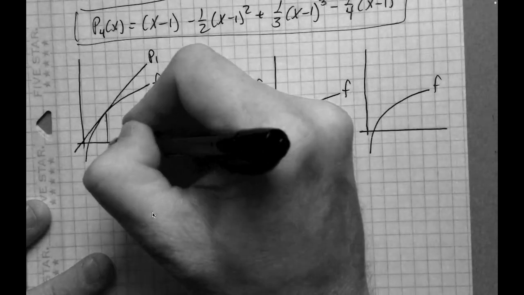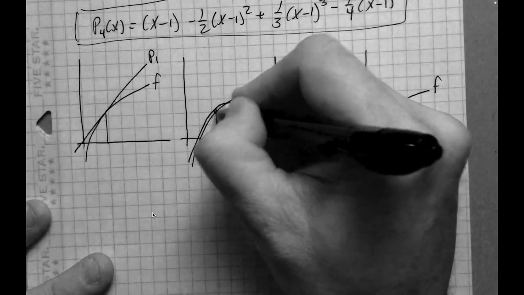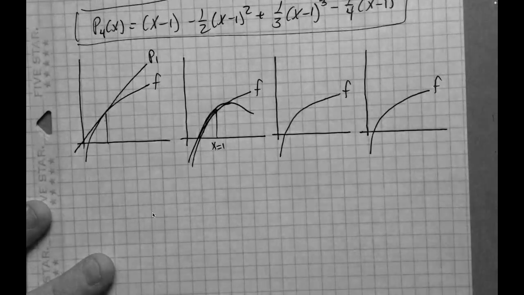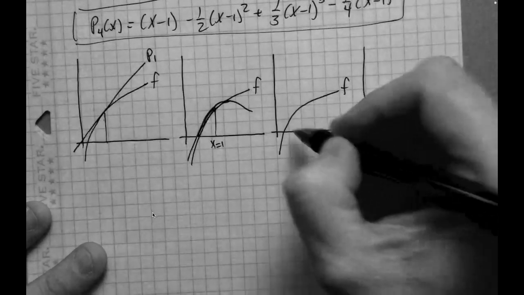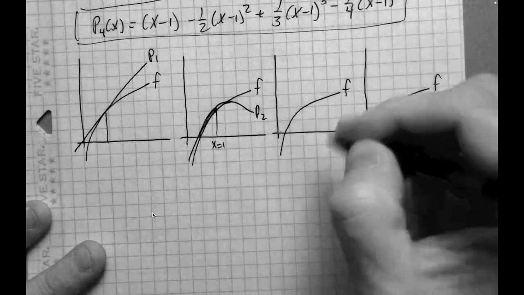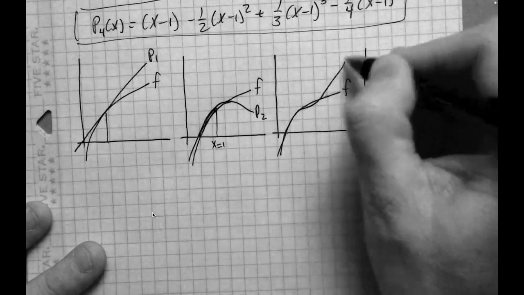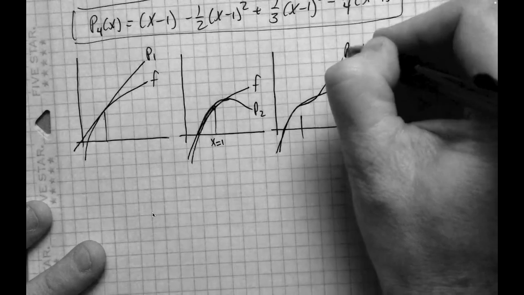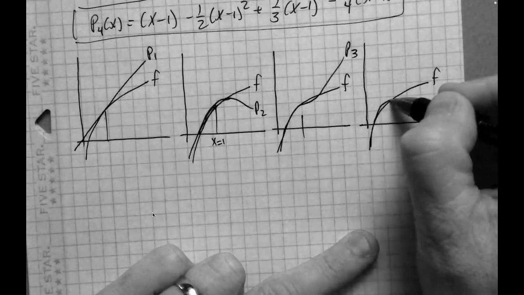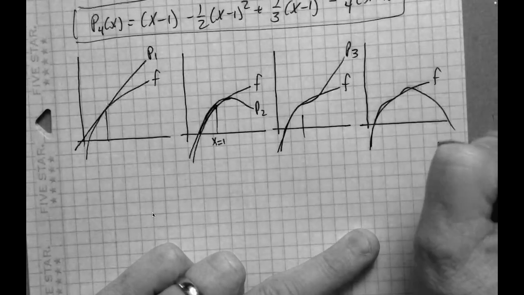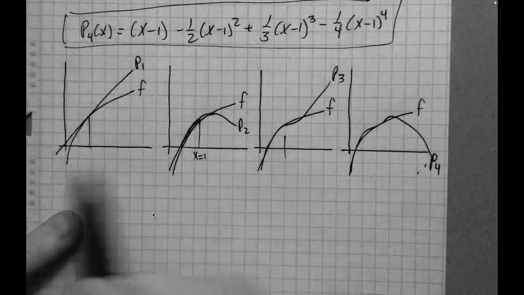So maybe this is your x equals 1. This is a bad picture. It would hug this line really tightly, but the curvature would be there. So this would be P2. With P3, the curve comes up, it kind of flattens out, and then it goes up like that. And then in P4, it has a little bit of something like this. Right. Now, these are terrible drawings.